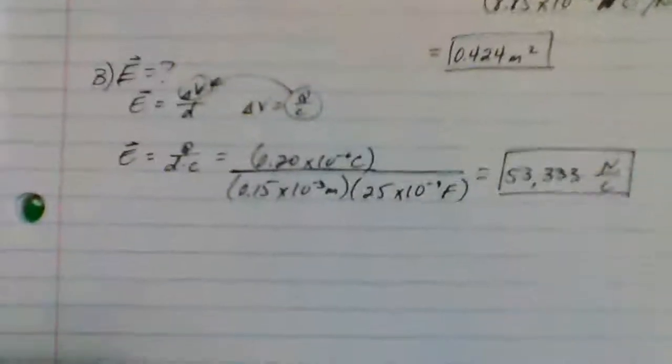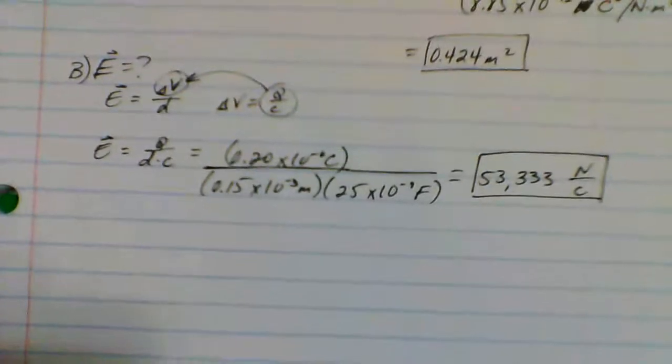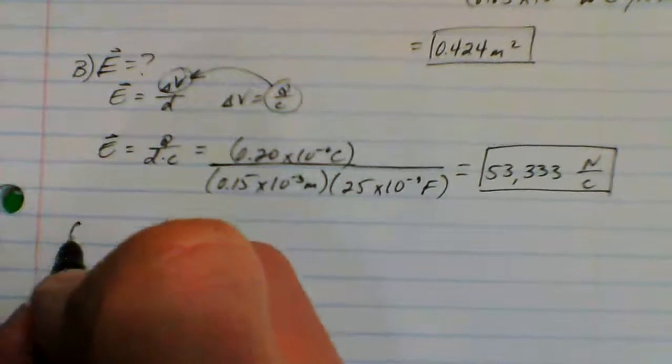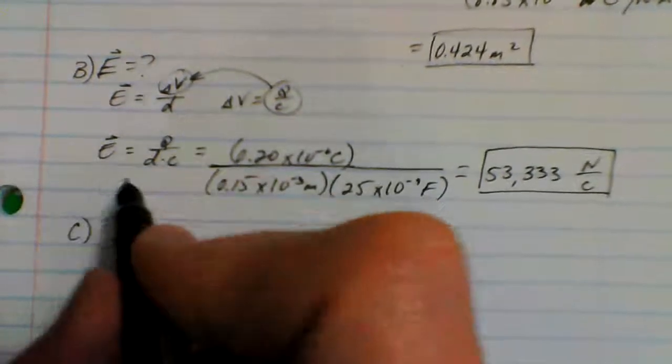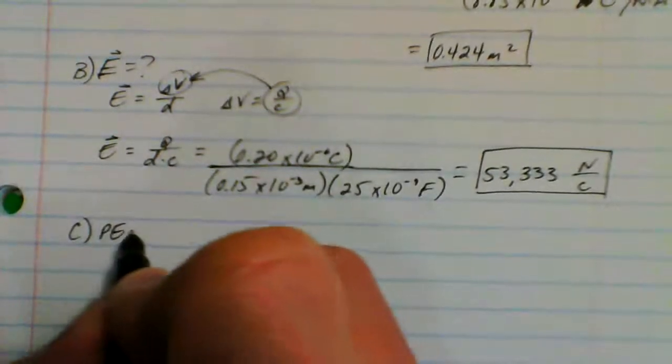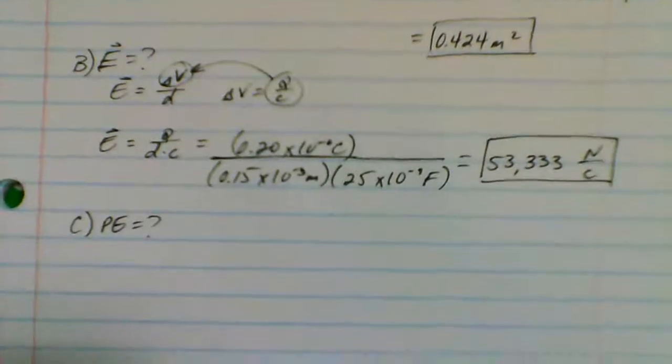Part C is the last thing we're looking at on here. And for part C, we are being asked to find what the potential energy between the two plates is.